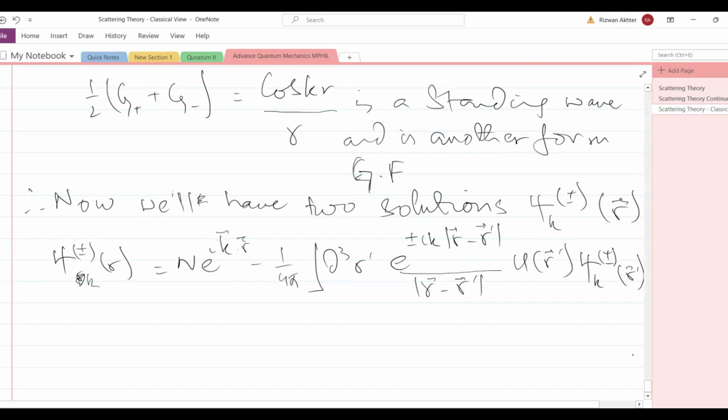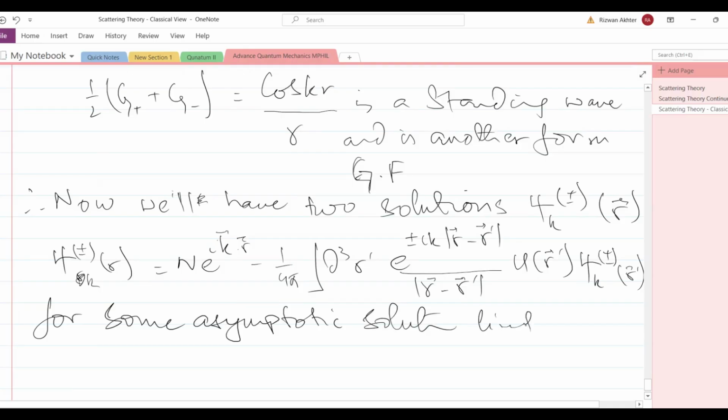So we are basically looking for some asymptotic solution with the limit r tending towards infinity, then one makes an approximation. And what will that approximation be?